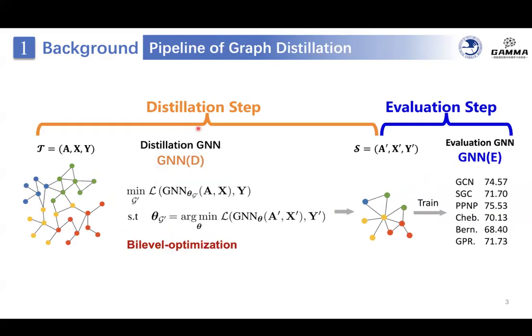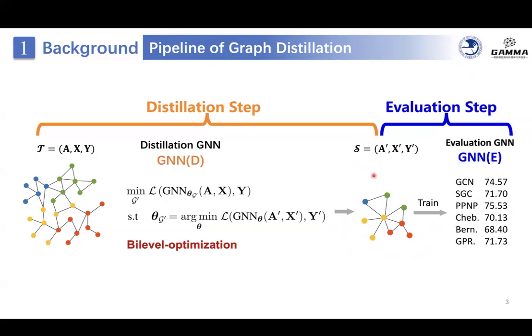And the pipeline of graph distillation consists of two steps, including the distillation step to get the synthetic graph, and the evaluation step to evaluate the GNNs trained on this synthetic graph.